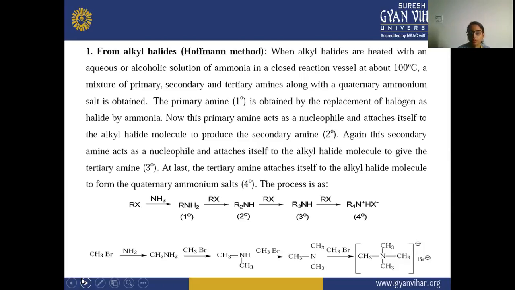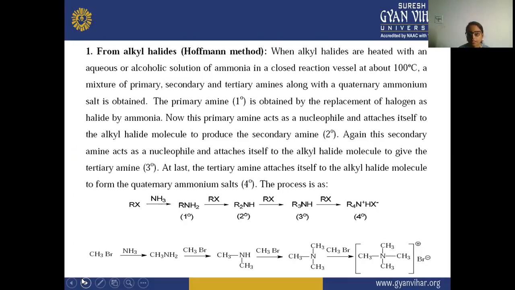The primary amine is obtained by the replacement of halogen as halide by ammonia, and now this primary amine acts as a nucleophile and attaches itself to the alkyl halide molecule to produce the secondary amine. Again, this secondary amine acts as a nucleophile and attaches itself to the alkyl halide molecule to give the tertiary amine. At last, the tertiary amine attaches itself to the alkyl halide molecule to form the quaternary ammonium salt, and the process is as follows.